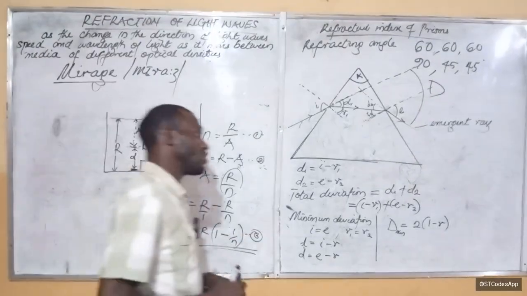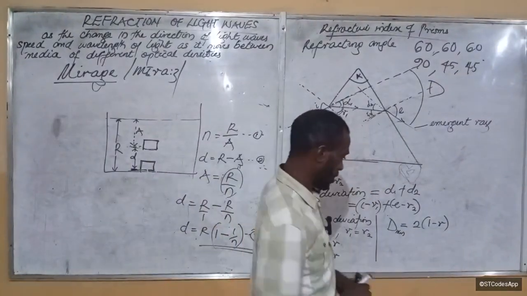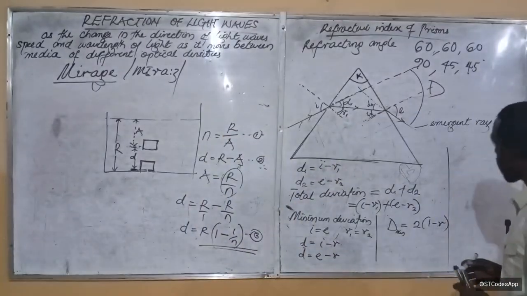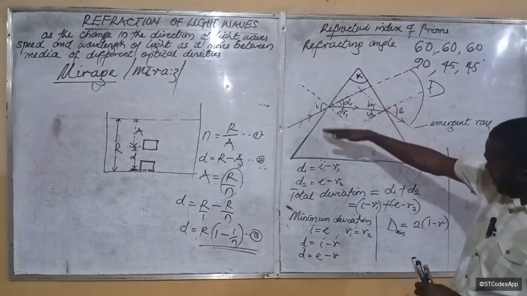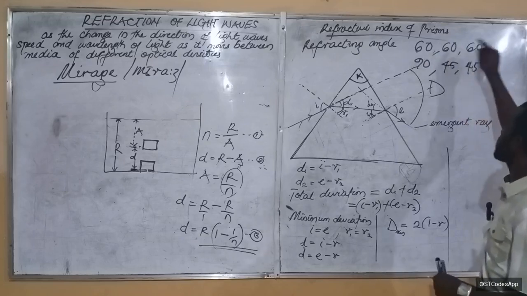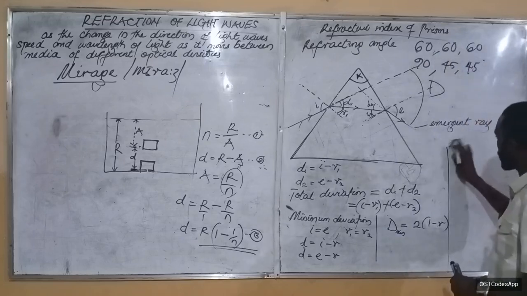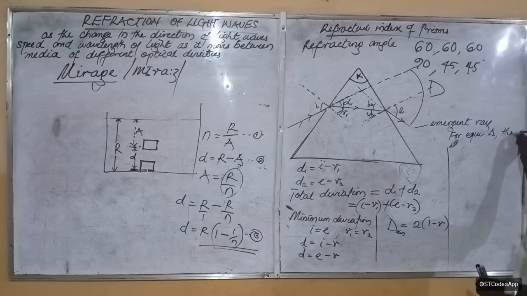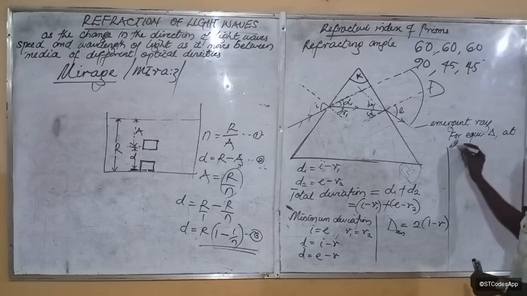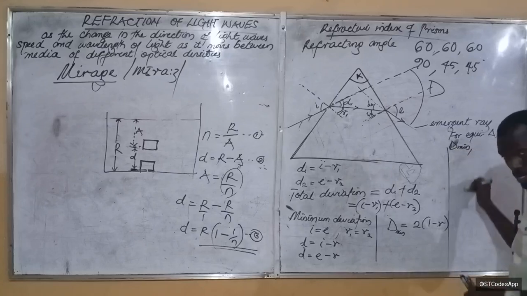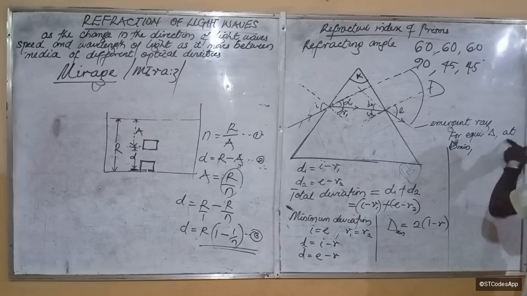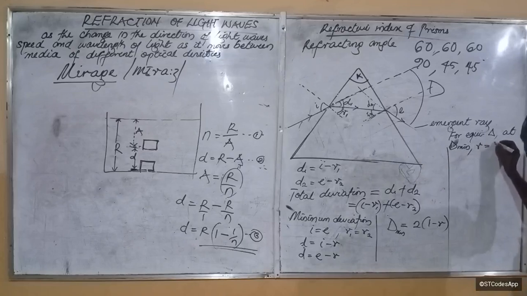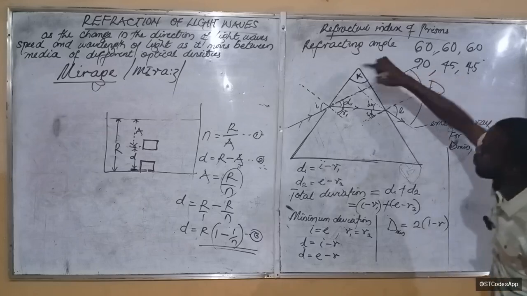Now watch. You already know that this is now our angle of incidence. Now, there is something you must know, that for an equilateral triangle like this, that has 60 by 60 by 60, at minimum deviation, at D minimum, the angle of refraction is always equal to half of the refracting angle.